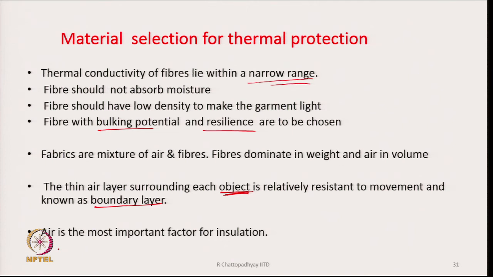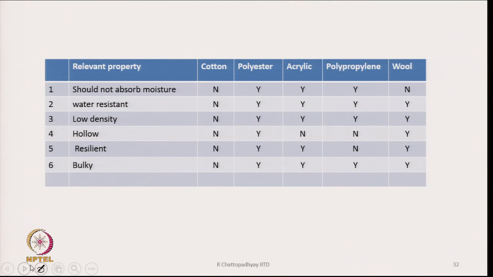Air is the most important factor for insulation. You all know this, so it is not to be said again. If we look at the properties of typical fibers which can be used in the middle layer, cotton, polyester, acrylic, polypropylene, wool, and list the relevant properties from the point of view of the requirement of the middle layer, then it should not absorb moisture.